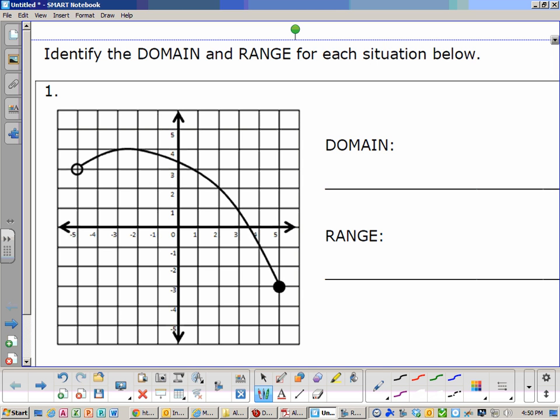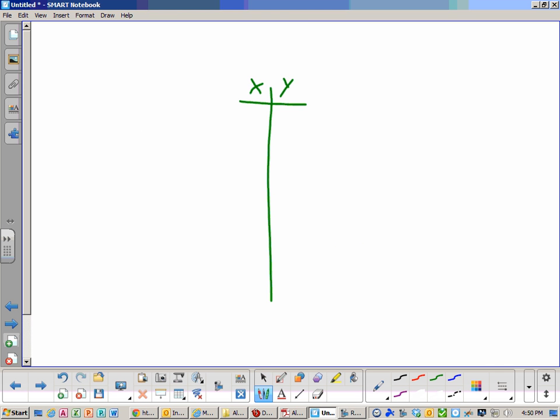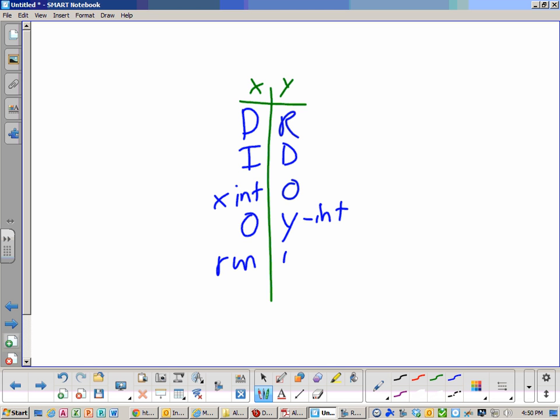Domain. Don't forget the domain really represents the following. It represents, for those who forget, X, Y, and let's see if you know the rest. It goes like this: x-intercept, y-intercept, then it's run and rise.